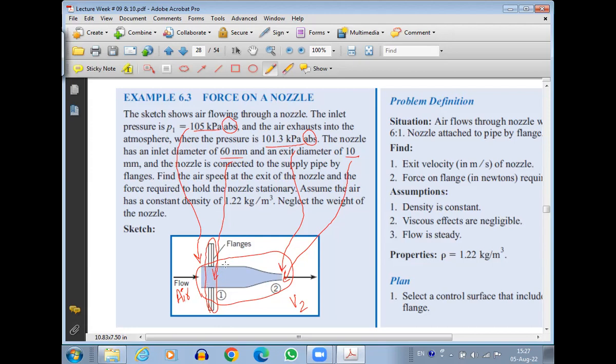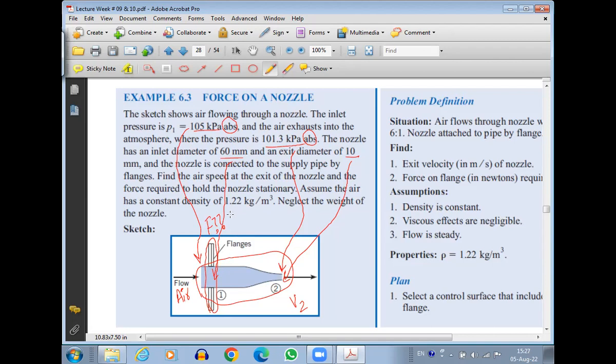So practically, flanges are holding the nozzle with the pipe in this connection. Obviously, there will be a force required to hold the nozzle in place when the fluid is flowing through it. So we need to find out how much force is applied by the flanges to hold the nozzle in place. Assume the air has a constant density.